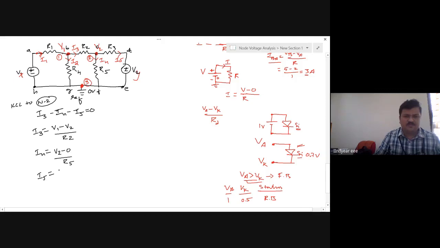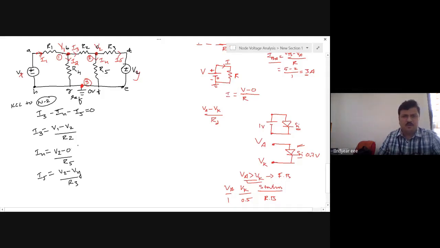So I can write V2 minus Vy divided by R3. Now substitute all these three currents in the equation. You will get one more equation in terms of V1 and V2. Because I know Vy, I know R3, R4, and R5 and R2. Therefore, I get two simultaneous equations, system of linear equations in V1 and V2.